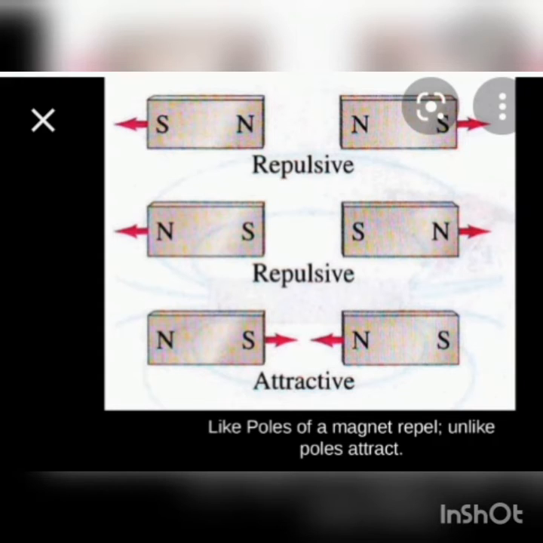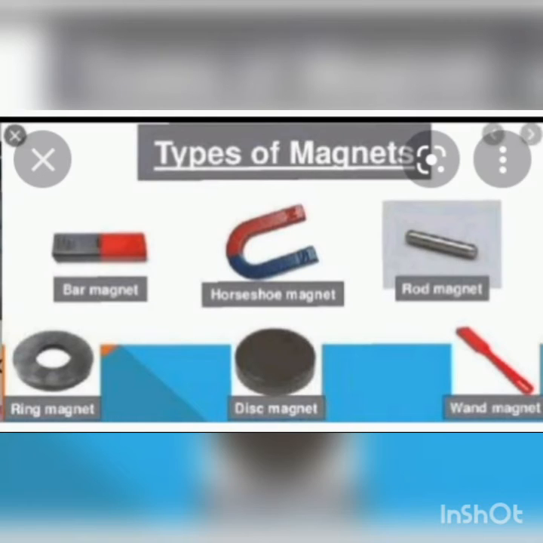Whether the magnets attract or repel depends on which poles of the magnets are facing each other. When like poles of magnets are brought close to each other, they repel. This is called repulsion. When unlike poles of magnets are brought close to each other, they attract. This is called attraction.